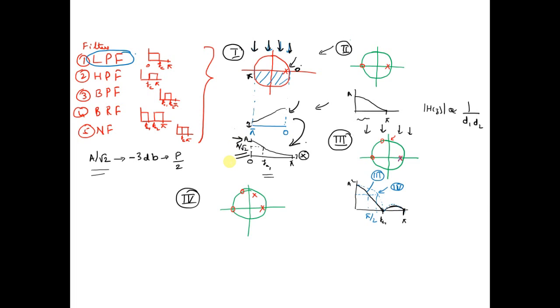So the frequency at which the amplitude or gain of the system becomes A by root 2, that frequency will be considered as the cutoff frequency. Okay. Now, this is the first way of doing the thing.